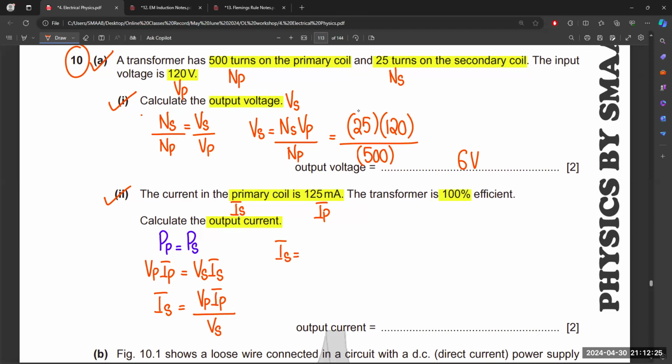So voltage in primary is 120. Current in the primary is 125 milliampere, that is 125 times 10 to the power minus 3, divided by voltage in secondary, 6.